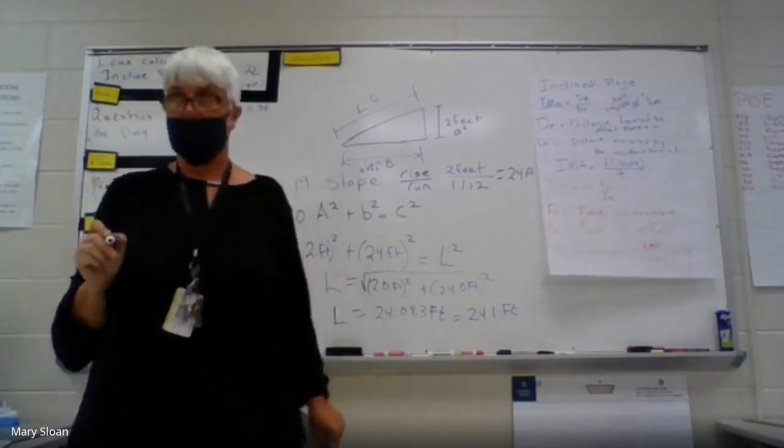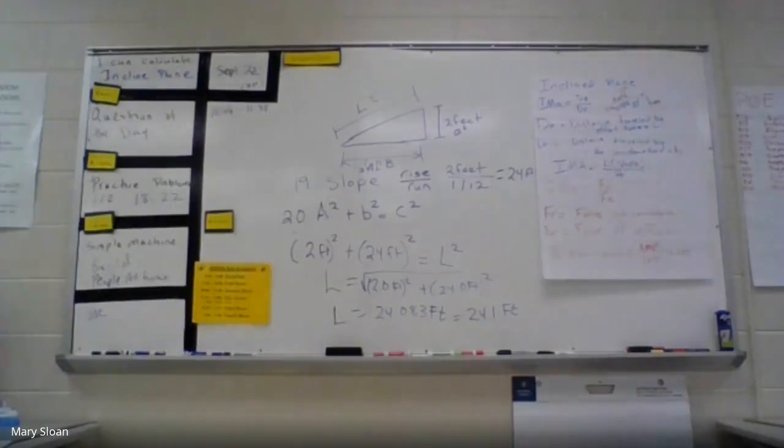Does that help? Okay? Now, you're going to have to go home and think about it, practice it with your calculators, put different numbers in, because that's all I'm going to do. I'm just going to put a different number in on the height, and then the length you have to figure out based on the run.